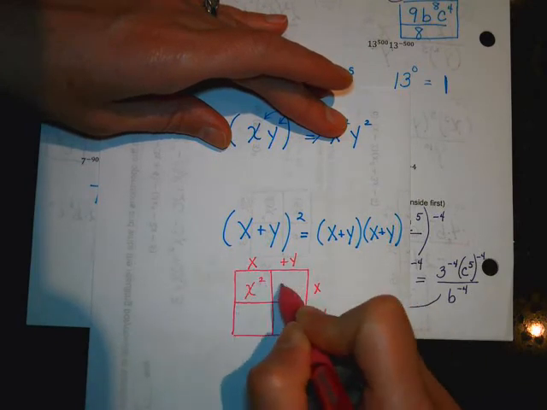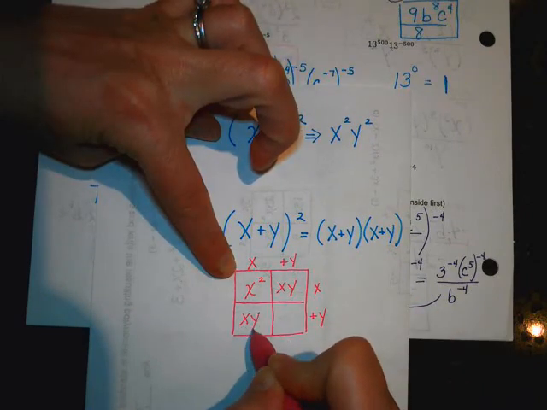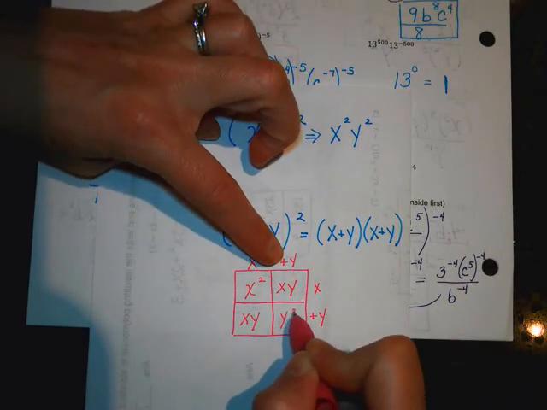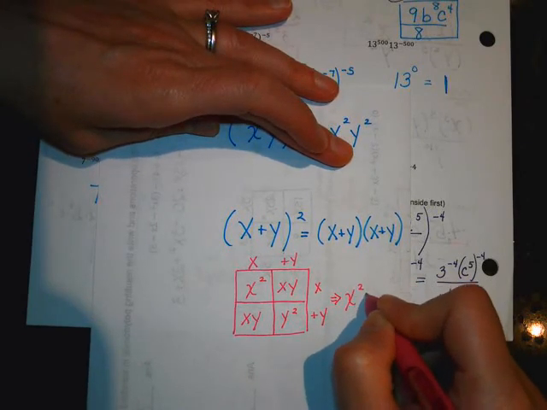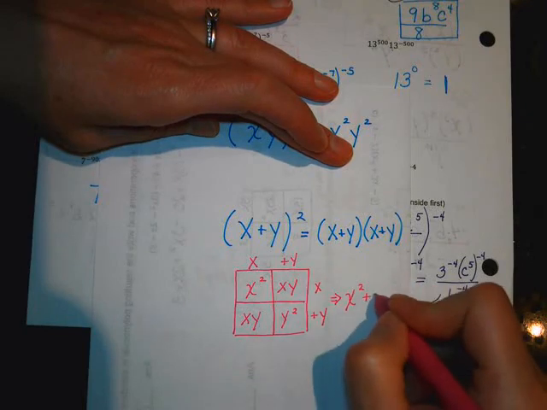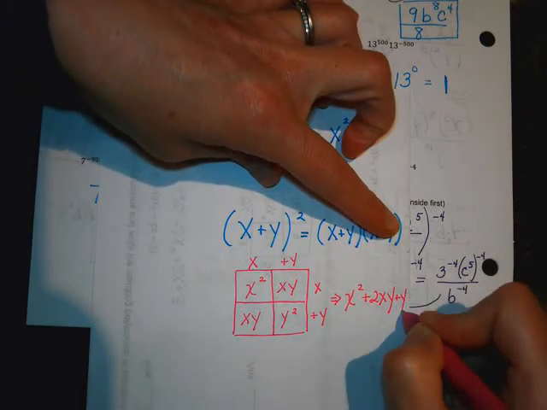So you've got x squared, xy, xy, and then y squared. Do you see what I mean? So it's x squared plus 2 of these xy's plus y squared.